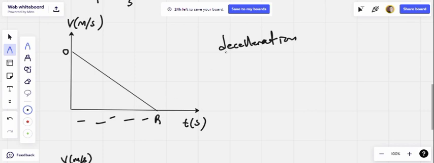So we call it deceleration, or negative acceleration. So assuming if we level point, this place is 0, and then this place is let's say 5. And then here R, our t here, let's say our t here is 3.